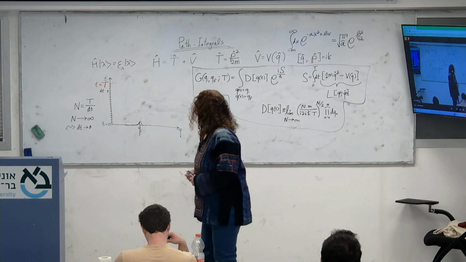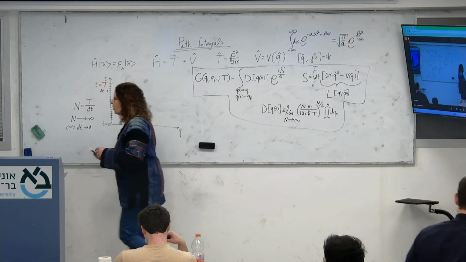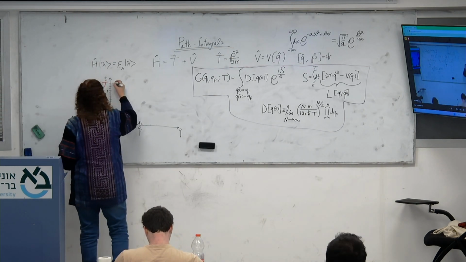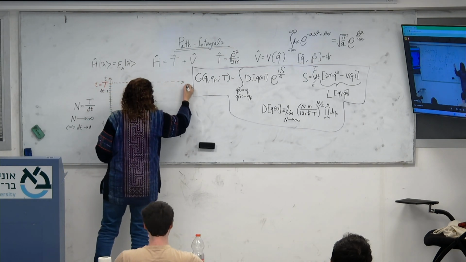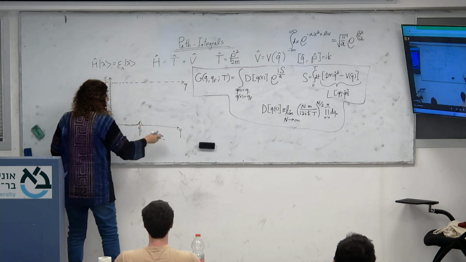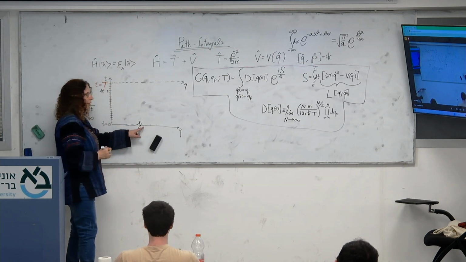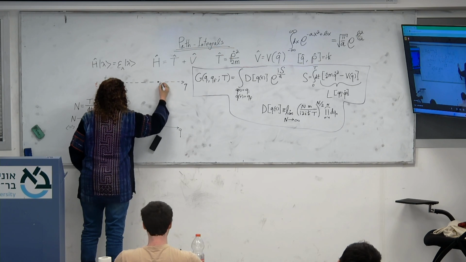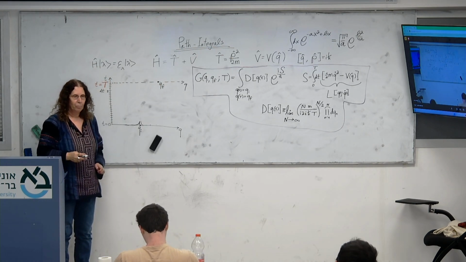So, what does it mean? If we go back to this picture, and see what the propagator describes: we want to study the time evolution from a state we started at Qi, and we do a measurement at Qf, and we want to know what happens in the middle.